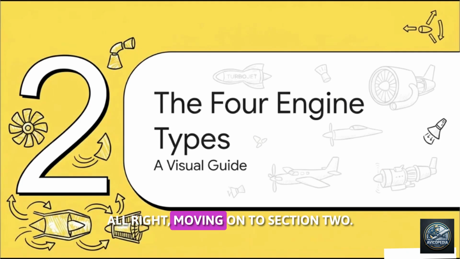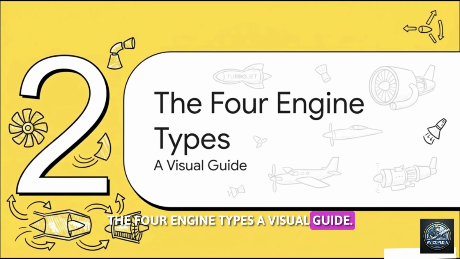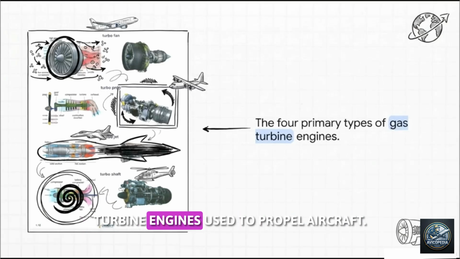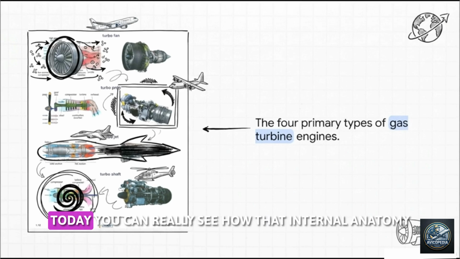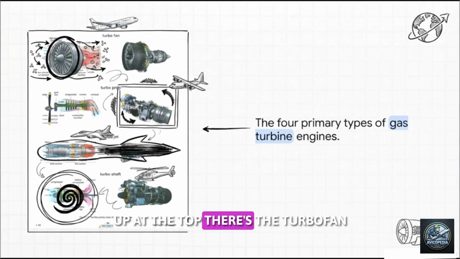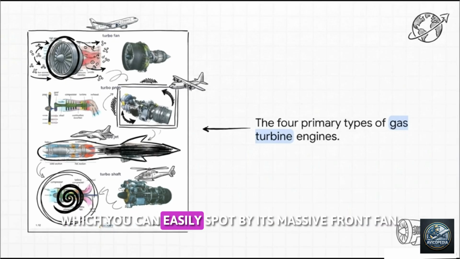All right, moving on to Section 2, the 4 engine types, a visual guide. Here we have the 4 primary types of gas turbine engines used to propel aircraft today. You can really see how that internal anatomy we just covered translates into 4 distinct forms. Up at the top, there's the turbofan, which you can easily spot by its massive front fan.